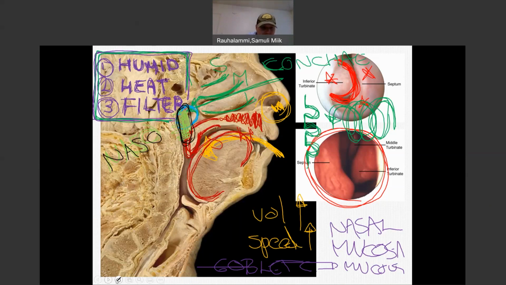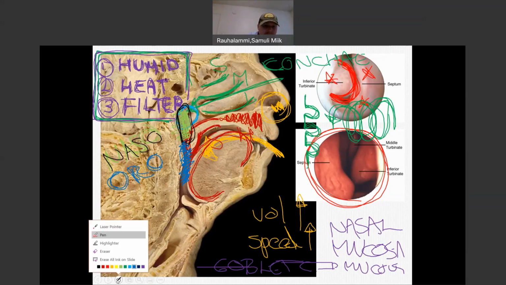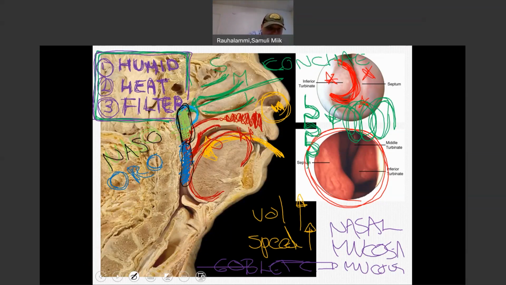The next part that we will see is going to be named again after the structure that's immediately in front of it. So we're going to get our oropharynx. And again, I'm just going to use a different marker to highlight that it's not really showing up, the written text especially.